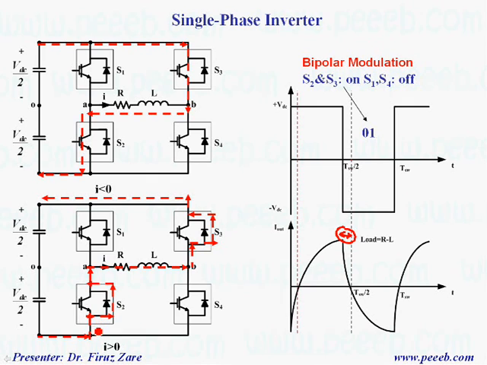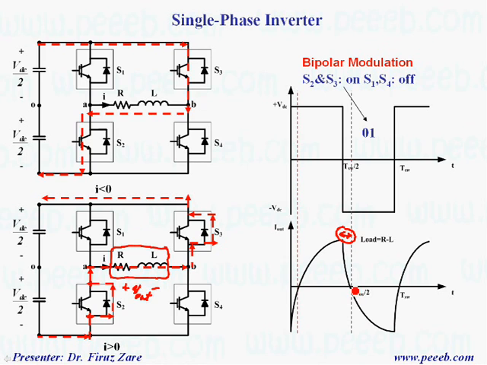So in this case current still passes through the diode, and this is the load. It's better to define the polarity plus minus V out. So in this case the output voltage is negative, so current passes through the diodes.